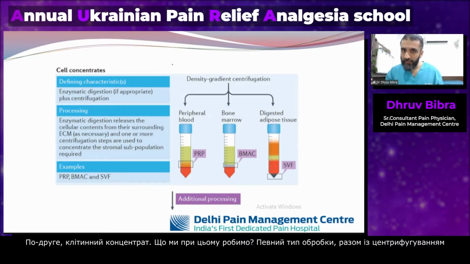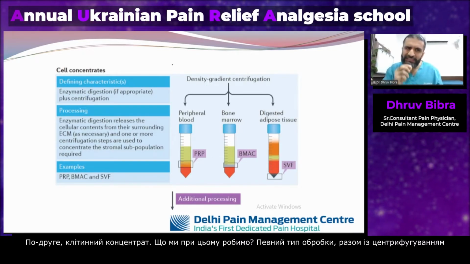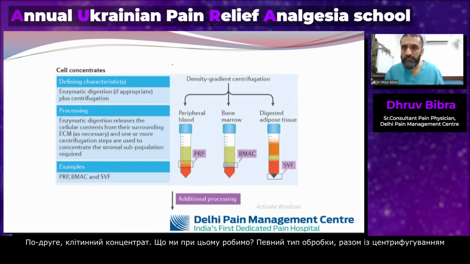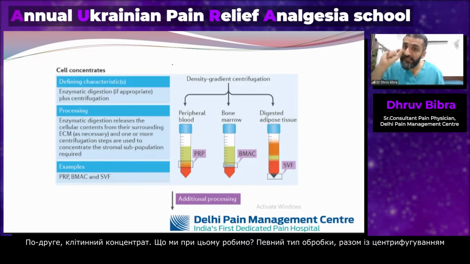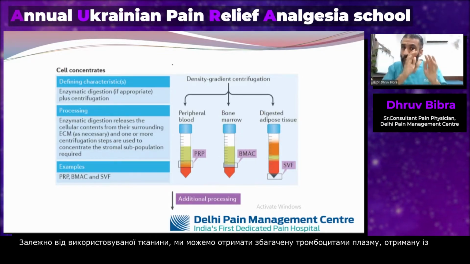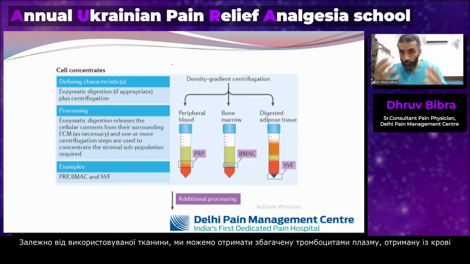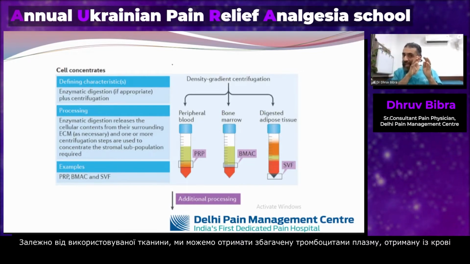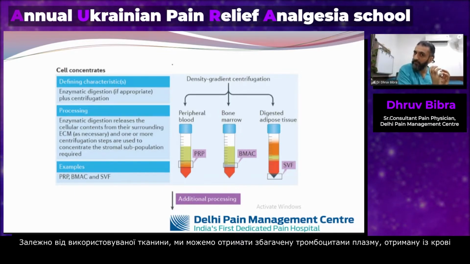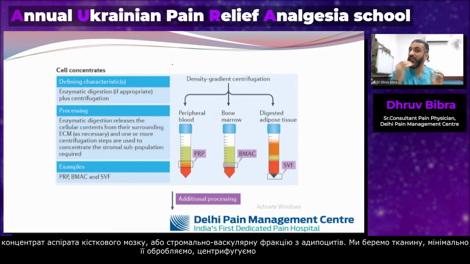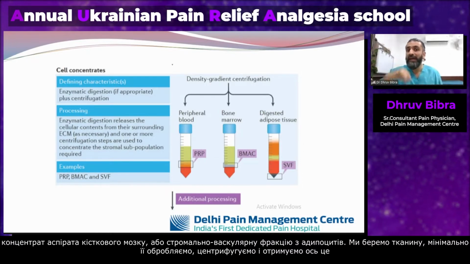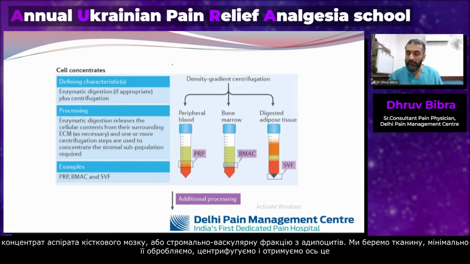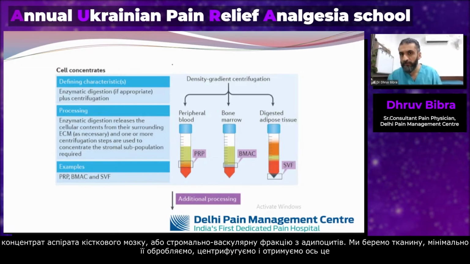Now in this, we are doing some sort of processing, along with centrifugation. Fine. Now, based on the tissue that we are using, we can have either PRP, which is derived from blood, or BMAC, which is derived from bone marrow, and then we have adipose tissue giving us SVF.